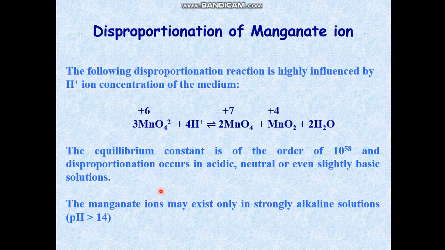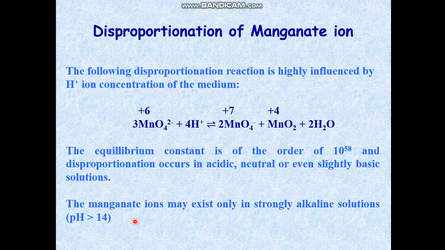So this reaction has an equilibrium constant of the order of 10 to the power 58, and disproportionation occurs in acidic, neutral, or even slightly basic solutions. The manganate ions may exist only in strongly alkaline solutions where the pH is greater than 14.